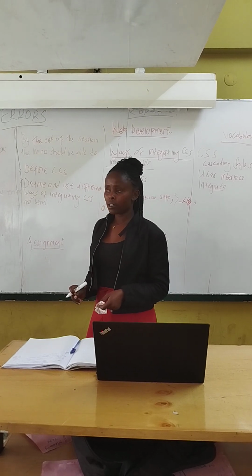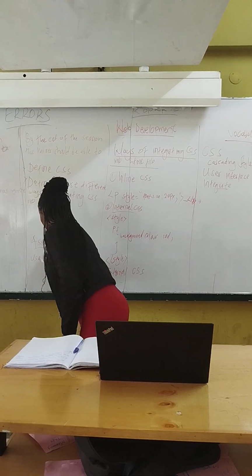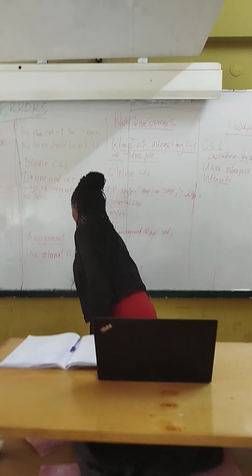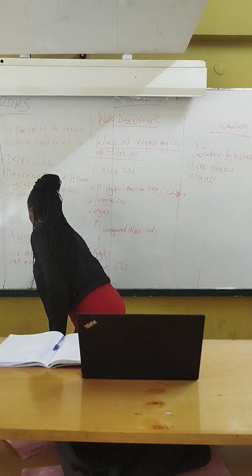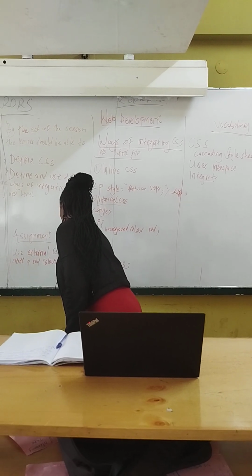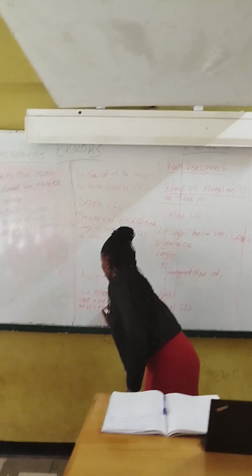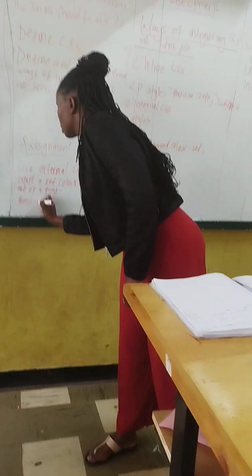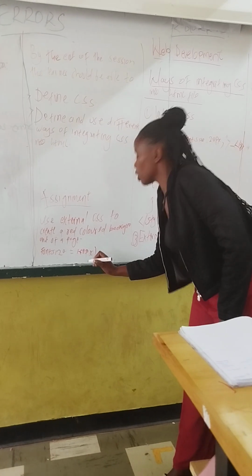Use external CSS to create a red colored background of a page. And the font size should be 40 pixels for the text in your paragraphs.